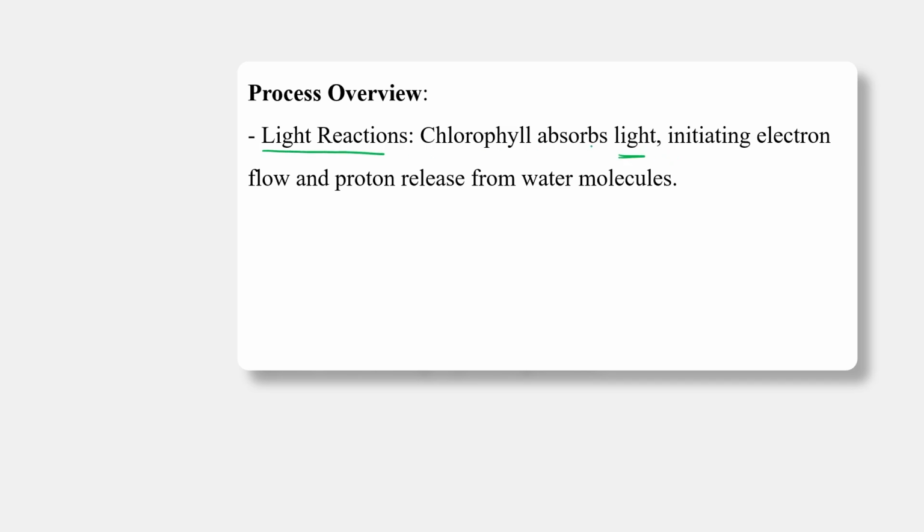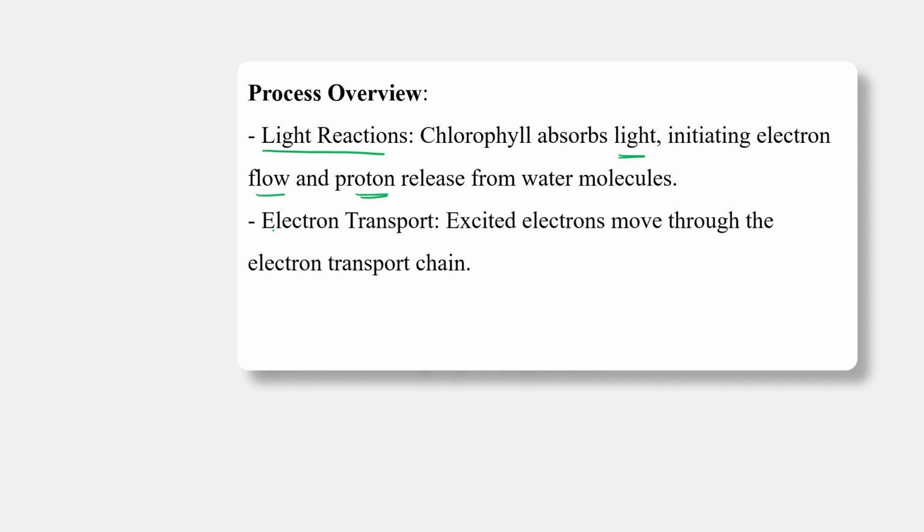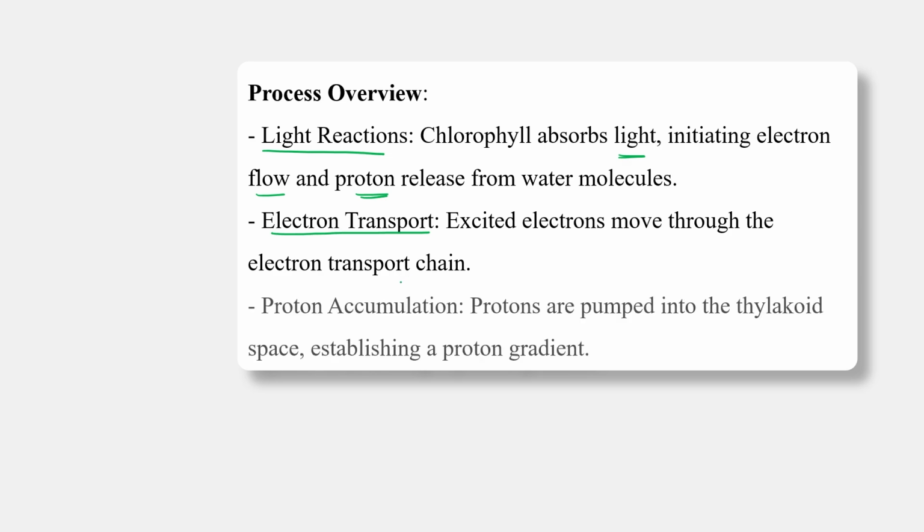Okay, so in the light reaction, chlorophyll absorbs light. We know this: chlorophyll absorbs light, which initiates electron flow and proton release from the water molecule. Electron transport occurs. Excited electrons move from one carrier molecule to another utilizing the electron transport chain, right?